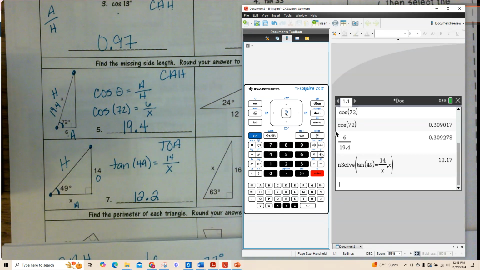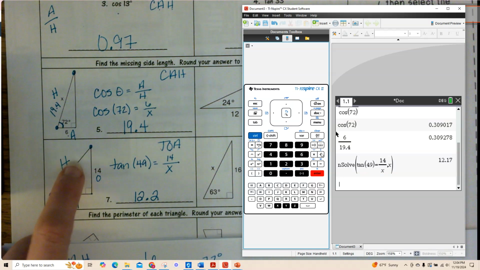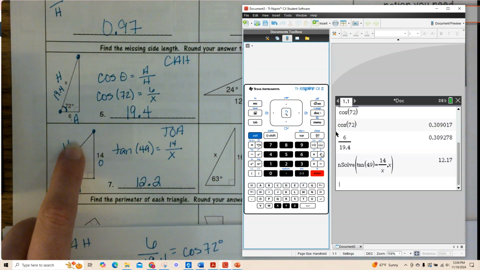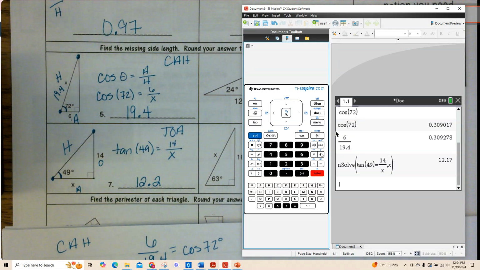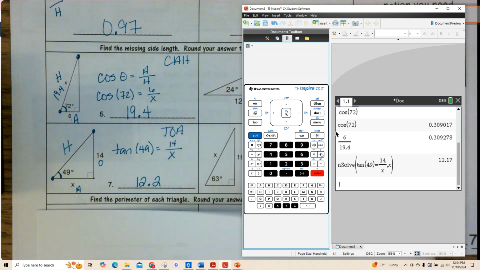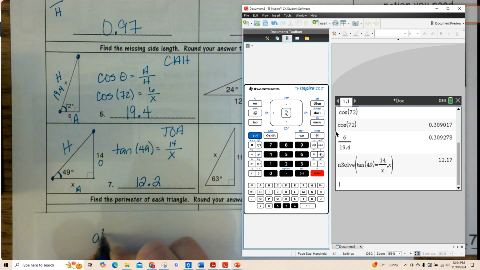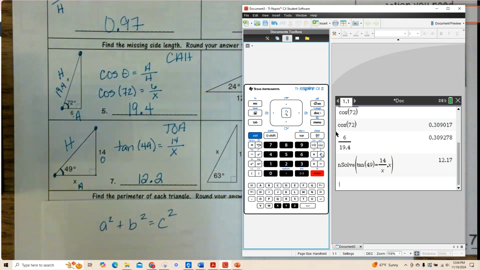Okay, so what we're finding on this page, we're finding the length of the missing sides. From here, you can find the other side. What would I use to find the length of the hypotenuse on this one? Okay, what we started this unit off with, because it's a right triangle.